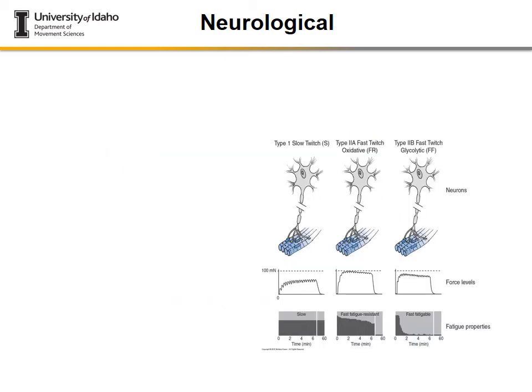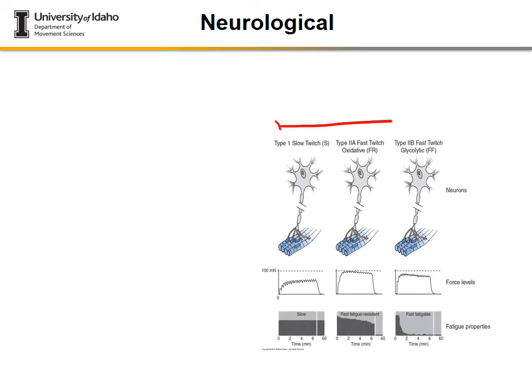So going forward, in the neurological component, in the motor units aspect, there are nerve cells and motor neurons that have different characteristics, including force production. For our purposes, we're going to go very simplistic with this.